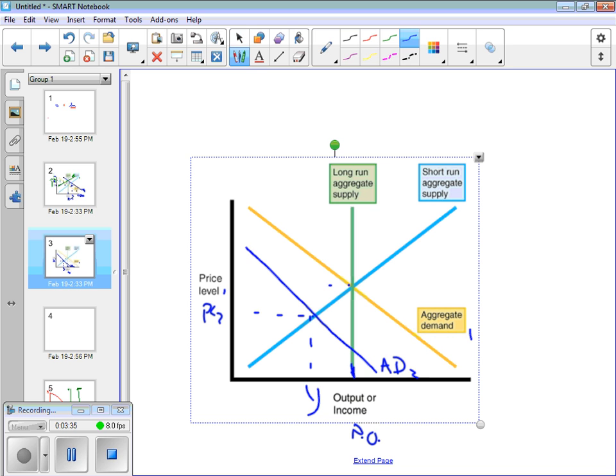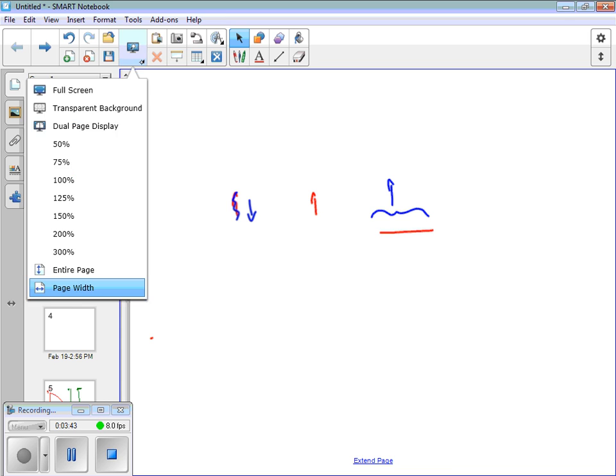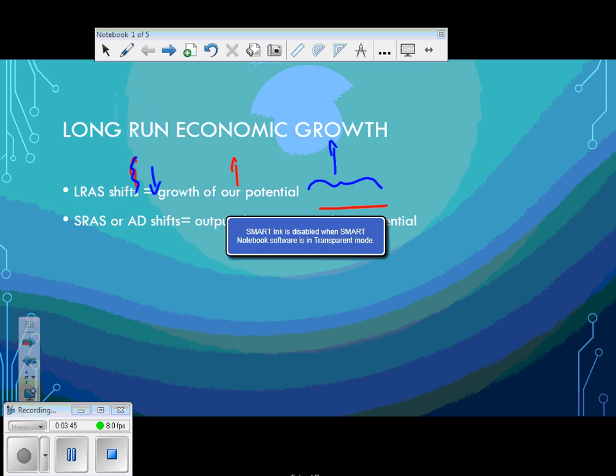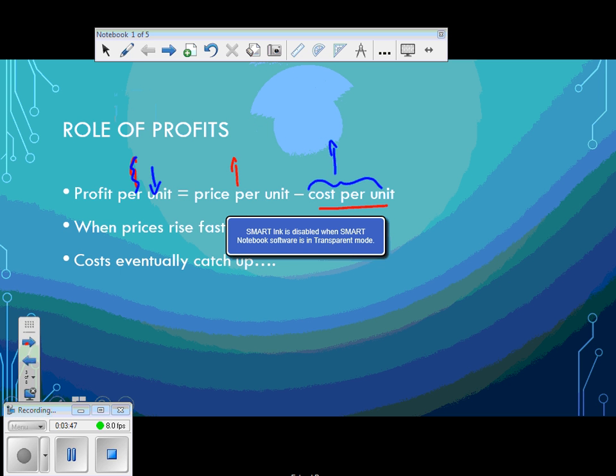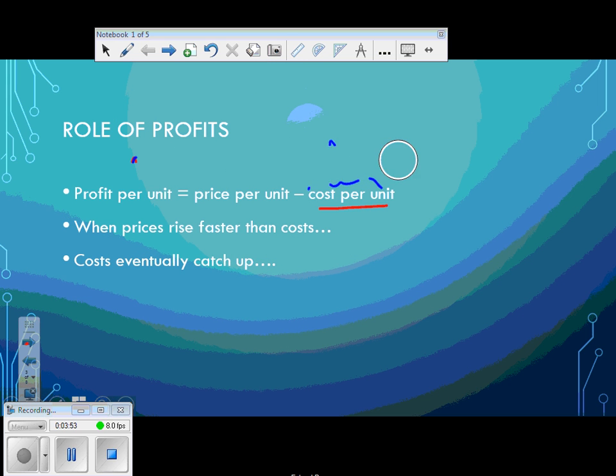That means for a while businesses are going to be losing money. If we return back to this slide here on profits, in this case, prices are dropping, costs per unit are staying the same. So when that happens, prices drop, profits drop.